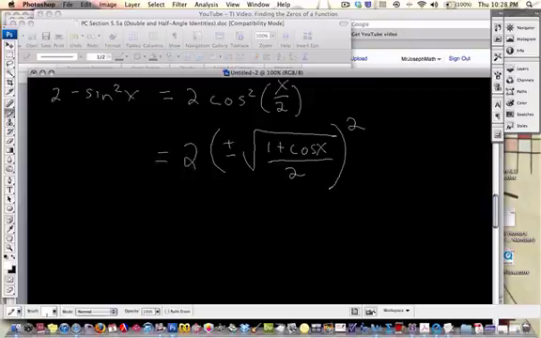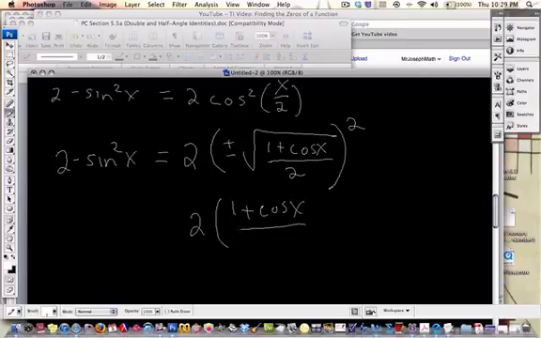And then rewrite everything else. Plus or minus square root of 1 plus cosine x over 2, that's squared. When that's squared, the plus or minus goes away, because either way, squared, it's going to come out positive. The square root sign goes away. So now I have 2 times 1 plus cosine x over 2 here.